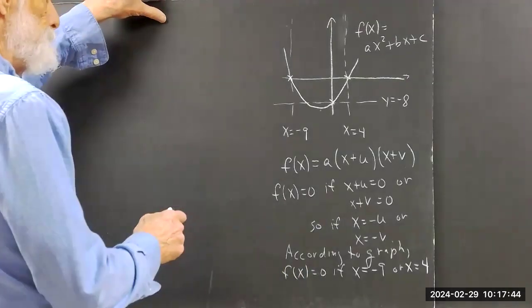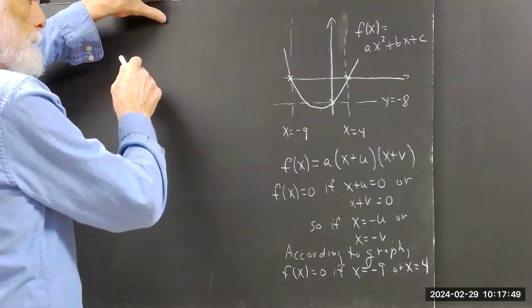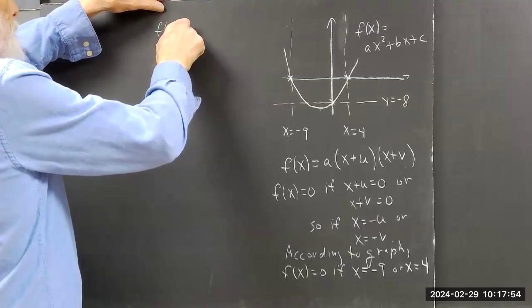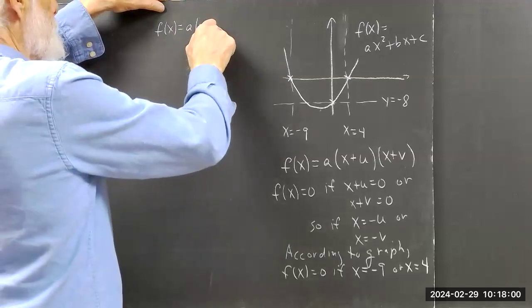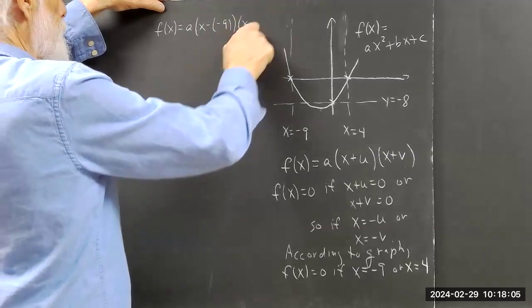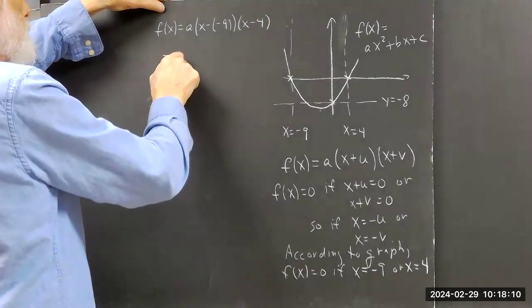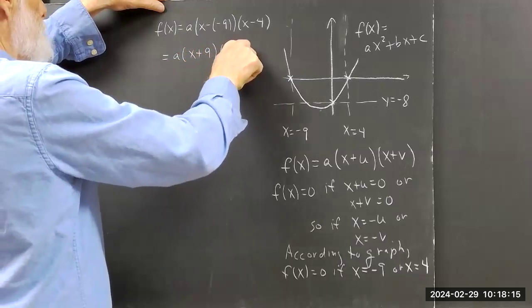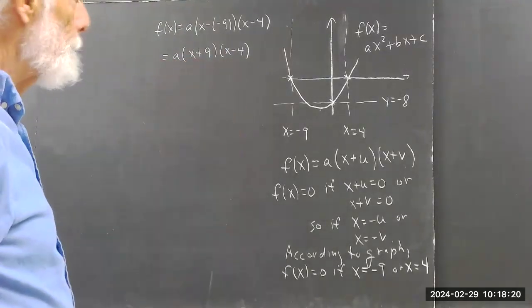So f of x has to equal a times (x minus -9) times (x minus 4), which is just a times (x plus 9) times (x minus 4).